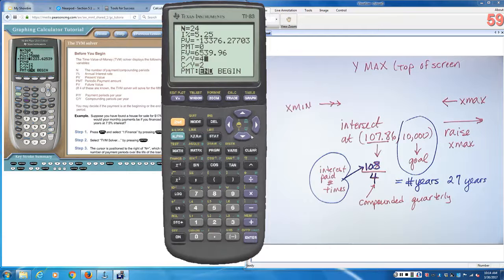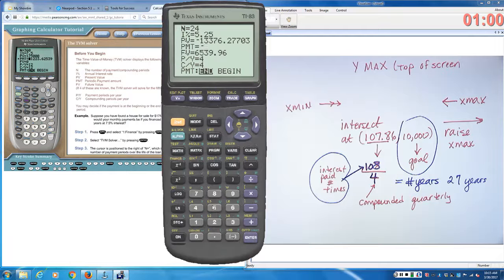The payments per year is 4 per year, and the compounding is 4 per year because it's quarterly. And what we put in to start with was $5,000.